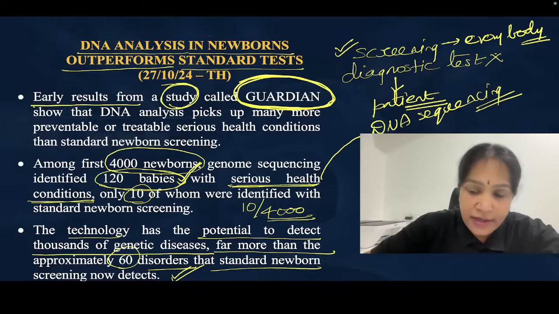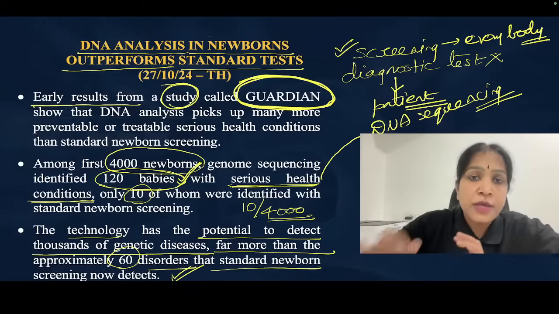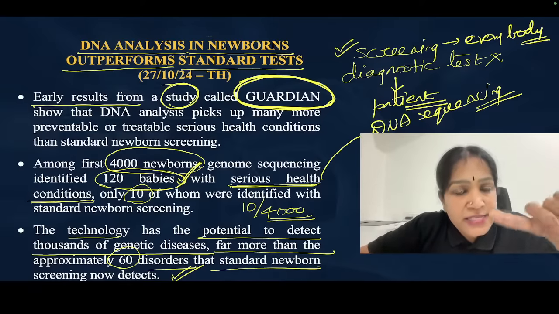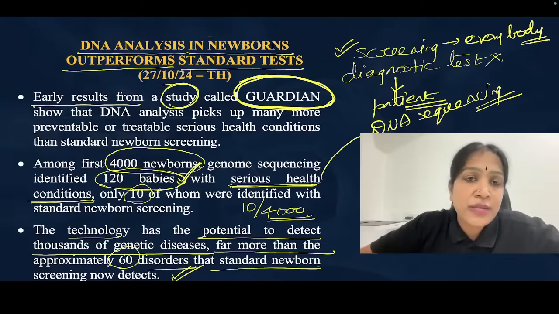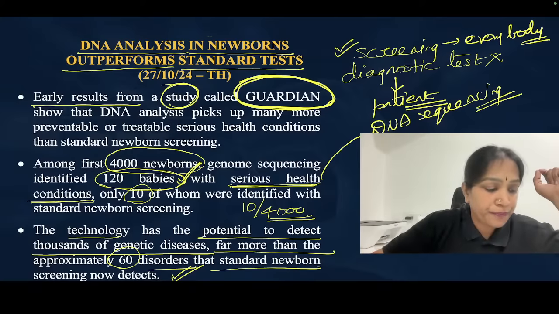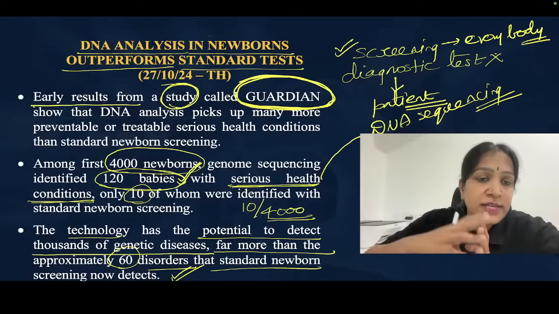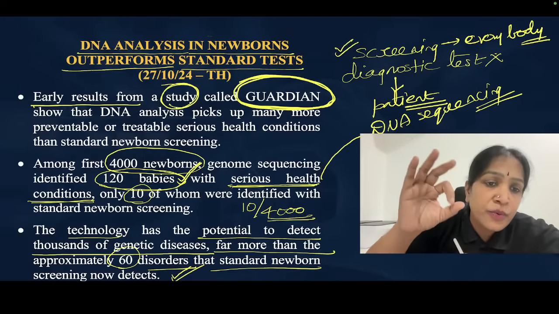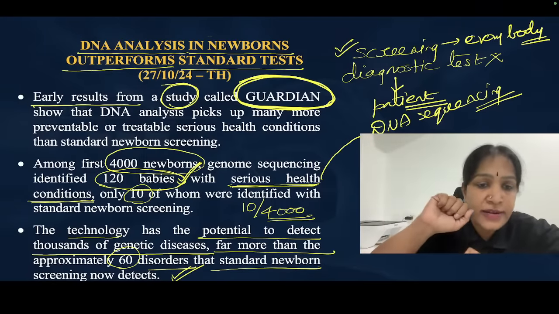Okay, Harsh, clear? Done. So now tell me, the standard newborn screening is better or the DNA sequencing of every newborn is better in diagnosing the diseases before they appear? Standard tests mean blood test, urine test, like that, not the DNA test.